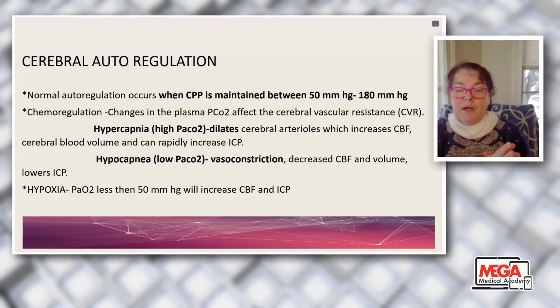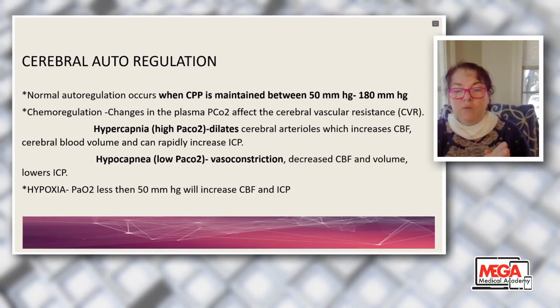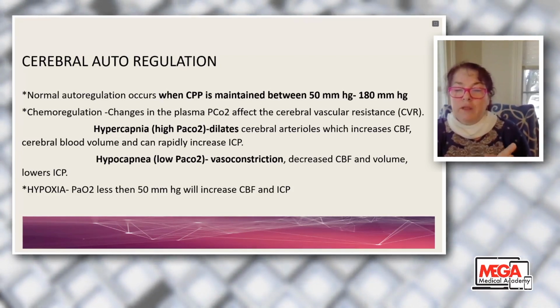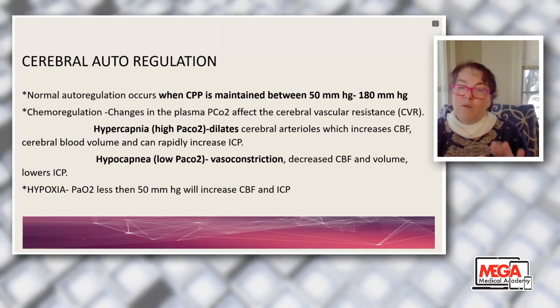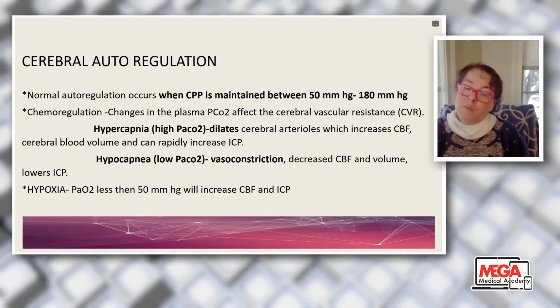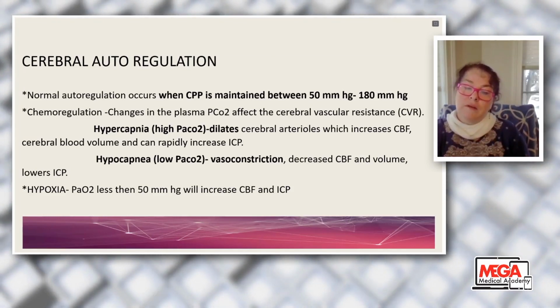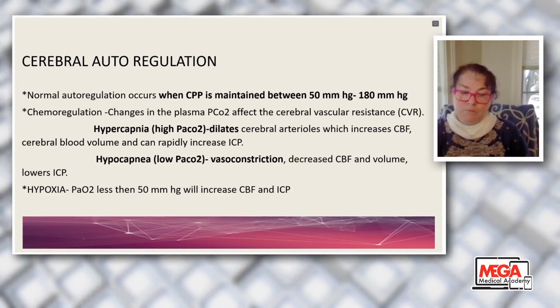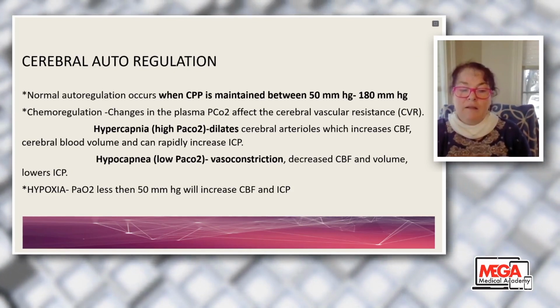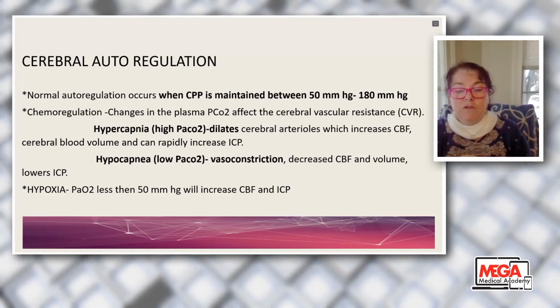Hypercapnia, when you have high PCO2, will dilate your cerebral arterioles and increase your blood flow, which will increase your ICP. The reverse is also true. If you have hypocapnia and you lower your PCO2, you'll cause vasoconstriction. This will decrease your cerebral blood flow and decrease your ICP. Now, if you have hypoxia, less than 50 millimeters of mercury, this will also increase your cerebral blood flow and your ICP.